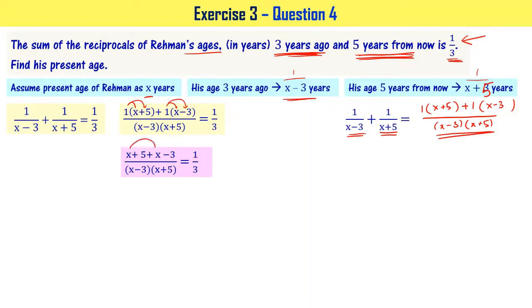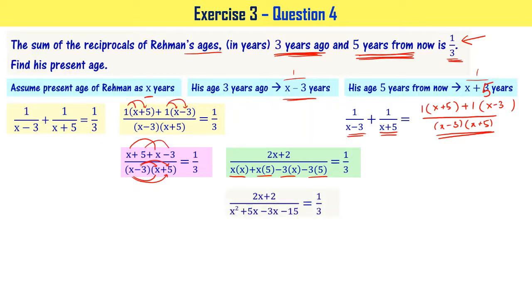Now you add these 2x, you add these 2, so that you have 2x plus 2 divided by x times x, x times 5, and minus 3 times x, minus 3 times 5. When you write that, that is equal to 1 by 3. Now simplify this. This is x square, this is 5x, this is minus 3x, this is minus 15, right? When you simplify it, the equation now becomes 2x plus 2 divided by x square plus 5x minus 3x minus 15 equal to 1 by 3.